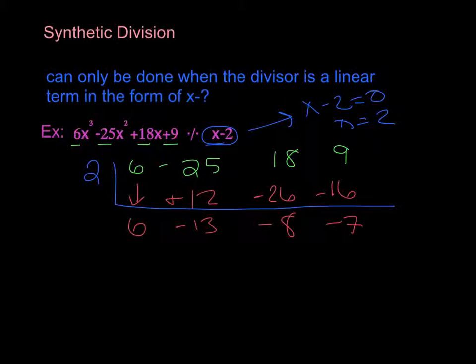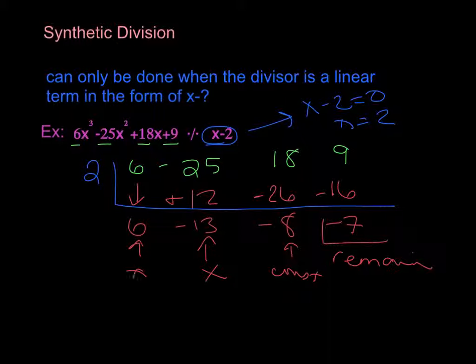So in synthetic division, the last number is your remainder. The number next to it is your constant term. That's the one without an x. And then this is the coefficient for x squared. And you work your way up. So this is 6x squared minus 13x minus 8 minus a 7 over.